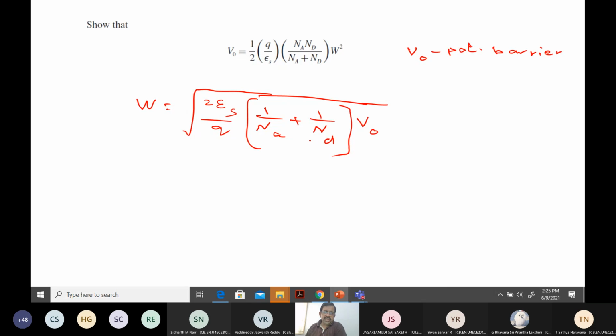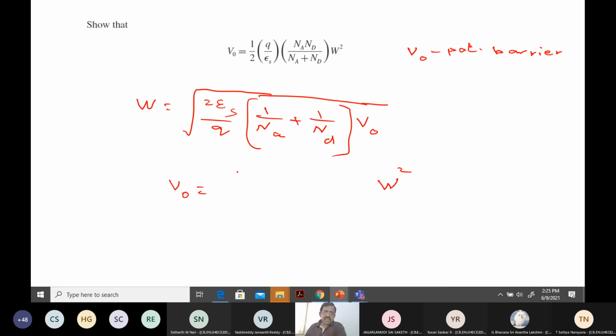There is a NaNd. So you take the common LCM, and then you will see that Na plus Nd comes in the numerator, NaNd in the denominator on the right hand side of the equation. When it goes to the other side, it will be inverted. So what you will get is V naught equal to, you have the squaring of that, so I will put the term square first.